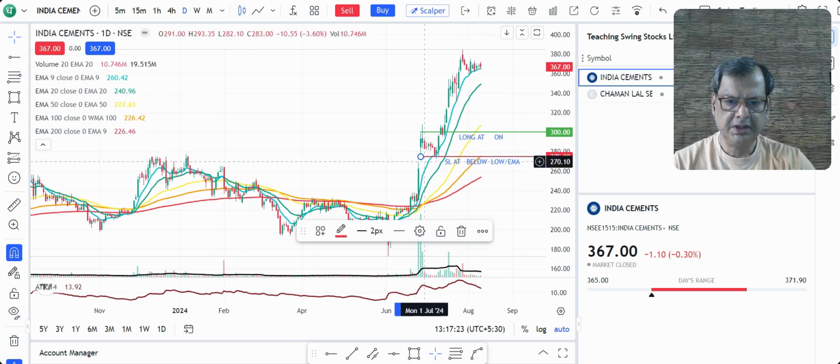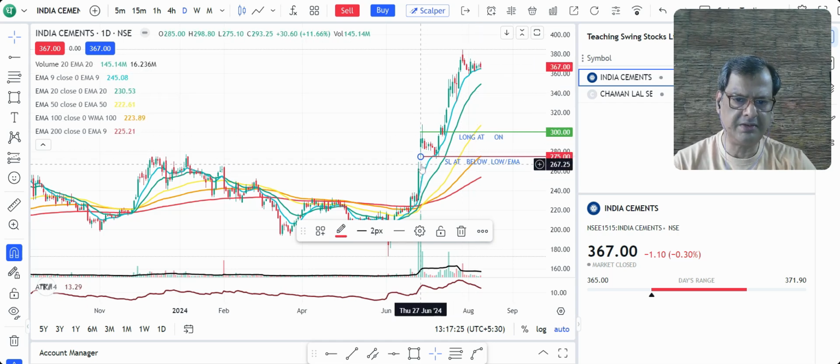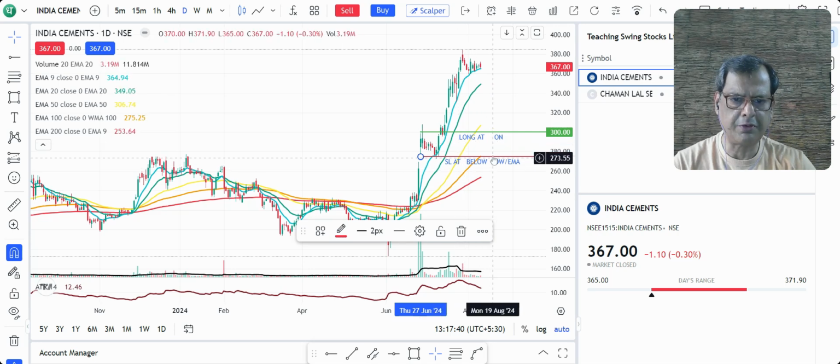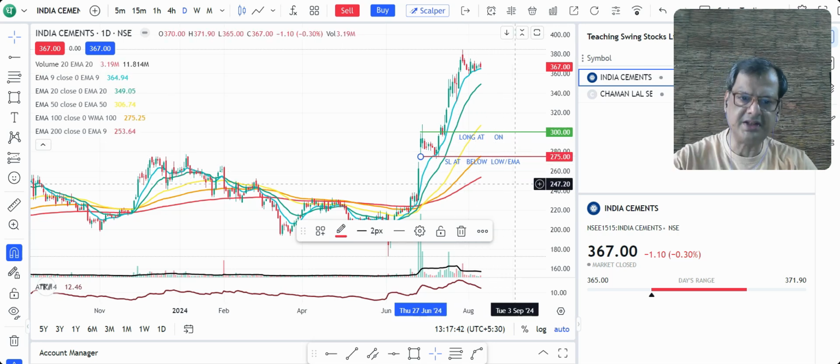So they should not have taken an entry because this is a gap up, and just see the distance between this candle and the 9 EMA. Where would they place a stop loss? They've kept it at the low of the candle so that they have a good risk reward ratio, and they were probably hoping for at least 1 is to 2.